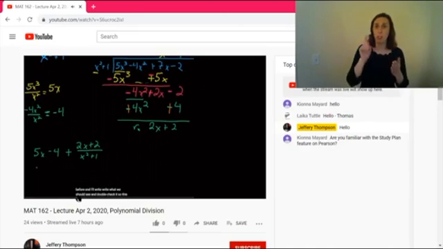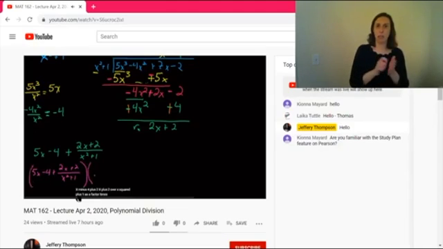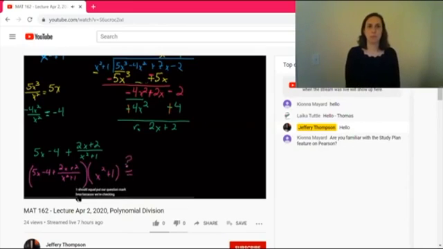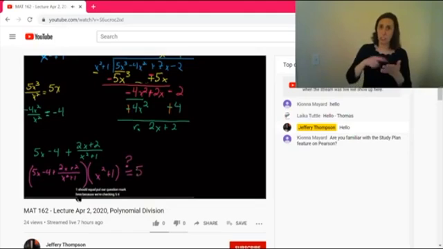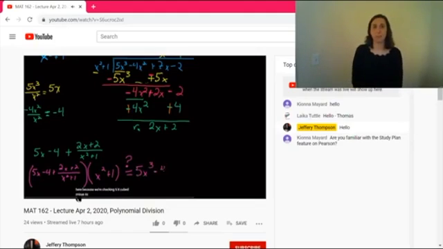So this 5x minus 4 plus 2x plus 2 over x squared plus 1 as a factor times x squared plus 1 should equal, put our question mark here because we're checking, 5x cubed minus 4x squared plus 7x minus 2.